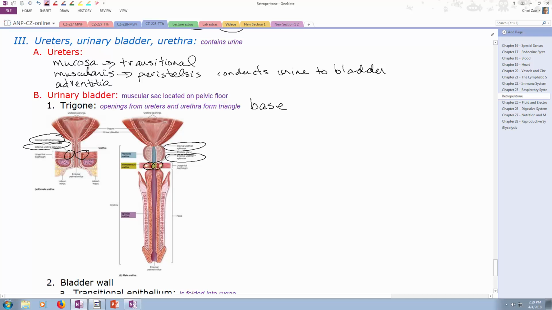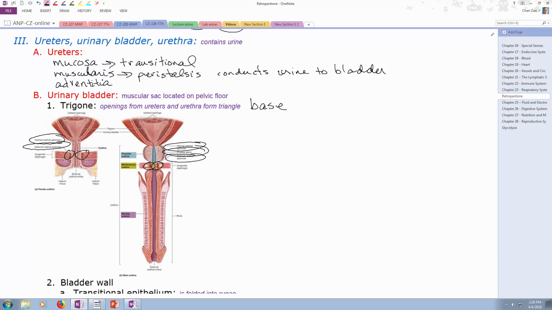And what's important to realize is that there is less space between the internal and external urethral sphincters in the female than there is between the internal and external urethral sphincters in the male, because in between the internal and external urethral sphincters is the prostate gland. So the prostate gland is underneath the base of the bladder.